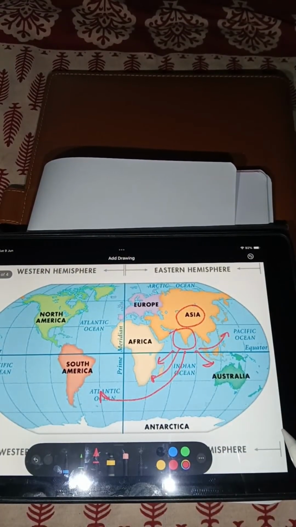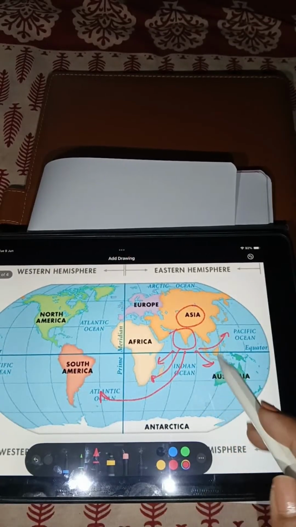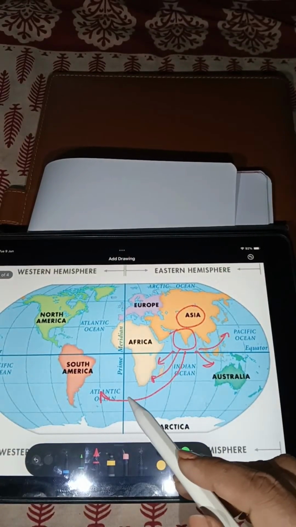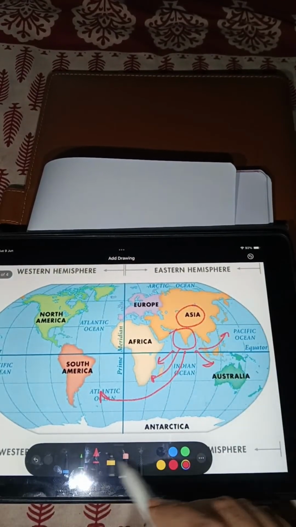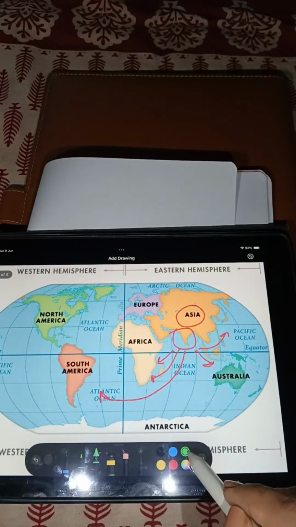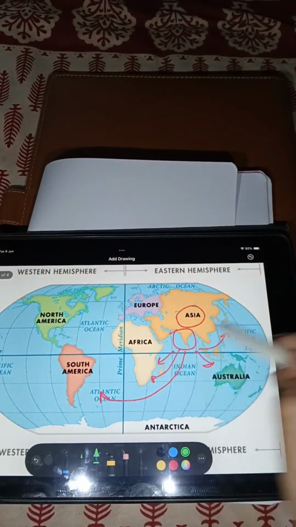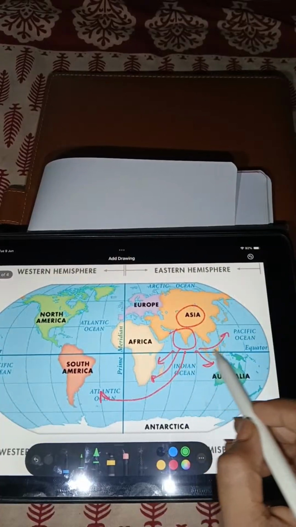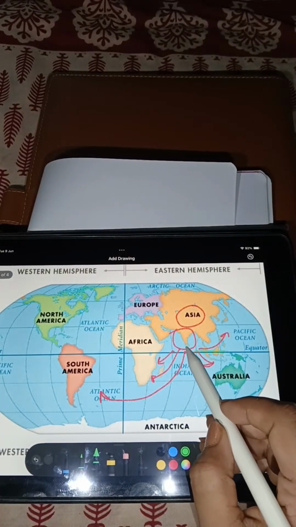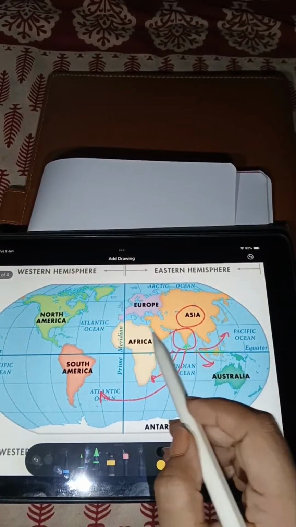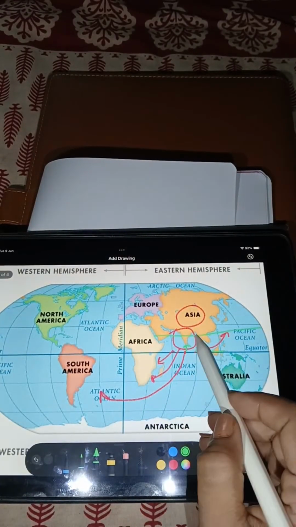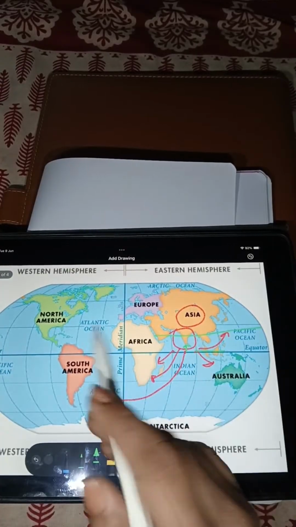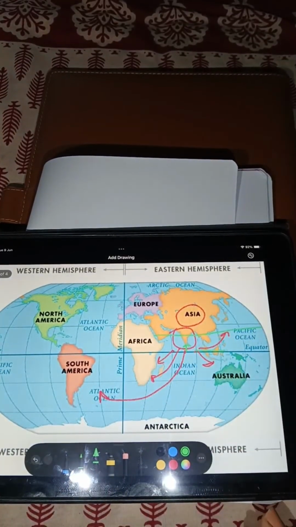Now coming to the extensions, that is the longitudinal extension and the latitudinal extension. You can see that this is the equator, 0 degree, but what is main is the Tropic of Cancer, which crosses almost through the middle of the land.